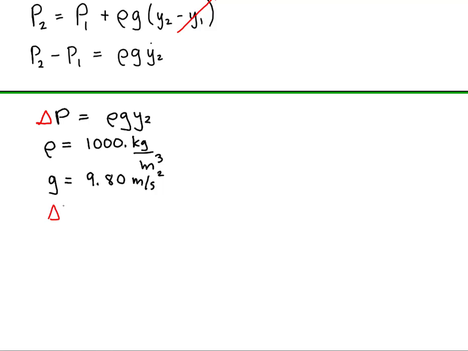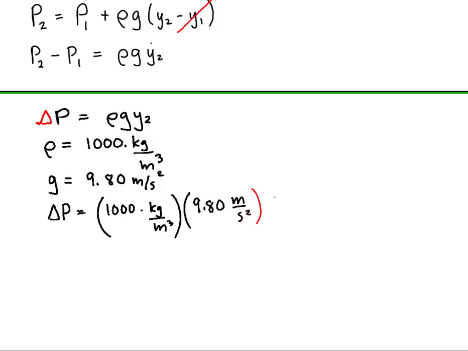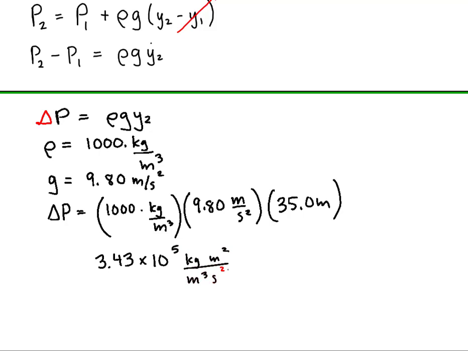So using these values, I know that the pressure increase is going to be 1,000 kilograms per meter cubed times 9.80 meters per second squared times 35 meters. Entering this in my calculator gives me 3.43 times 10 to the 5th kilogram meter squared over meter cubed second squared.